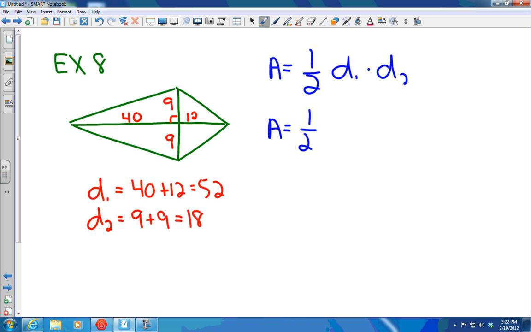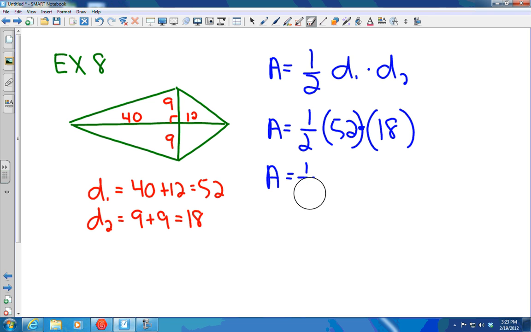Area equals 1/2 diagonal 1, 52, times, let's use a parentheses there, times 18 diagonal 2. And so area equals, and let's do 1/2 of either one, 52 or 18, but let's do 1/2 of 18. So 1/2 of, oops, we're taking 1/2 of 18. That's going to leave us with 9.